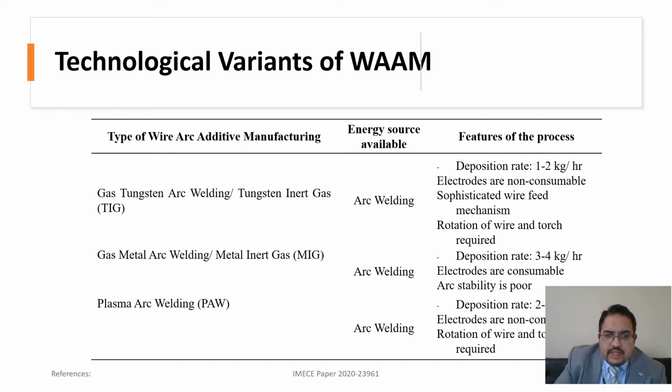This slide shows a brief comparison of the processes, and here you can see the different deposition rates involved. With arc welding TIG, a 1 to 2 kg per hour deposition rate is there, and if you talk about MIG, it is 3 to 4 kg per hour, and this is the last one which is available in plasma arc welding.